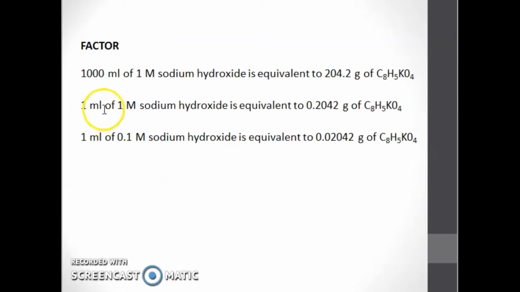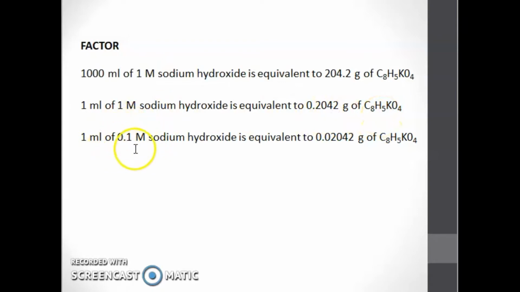The factor used for the calculation is that 1000 ml of 1 molar sodium hydroxide is equivalent to 204.2 gram of potassium hydrogen phthalate. Now we convert it: 1 ml of 1 molar sodium hydroxide is equivalent to 0.2042 gram of potassium hydrogen phthalate.